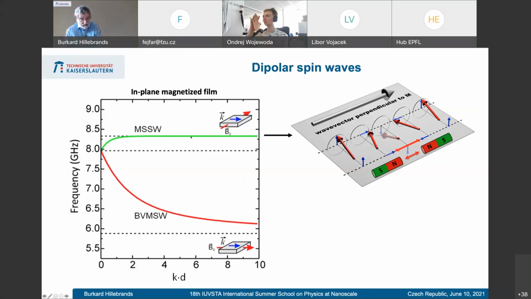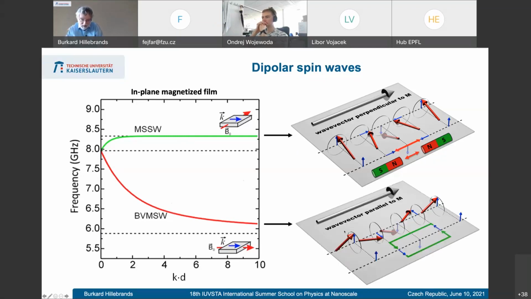But if you do the same for the backward volume mode, now the moments are oriented along the wave vector. If you grab the dynamic magnetization, here's a blue arrow and here's a blue arrow, you see two magnets oriented anti-parallel to each other. And you now have a very strong attractive force. Attractive force means lower energy, and therefore the frequency here is lower.